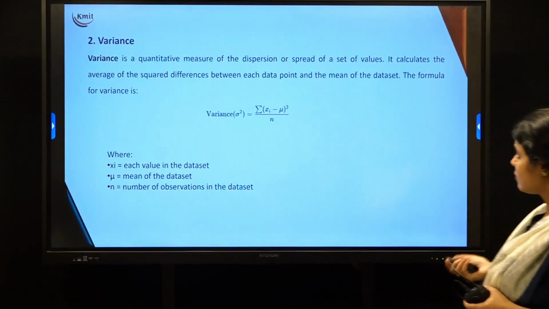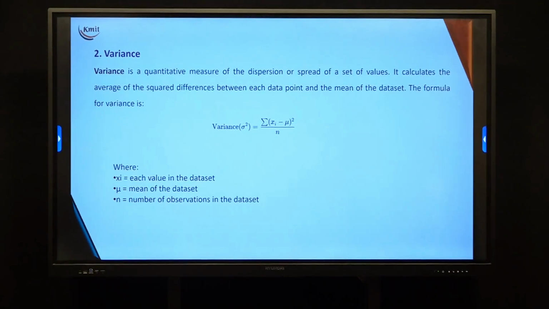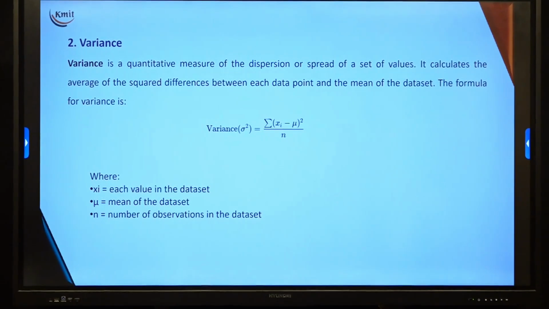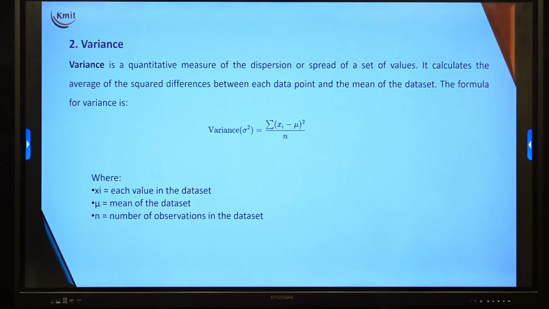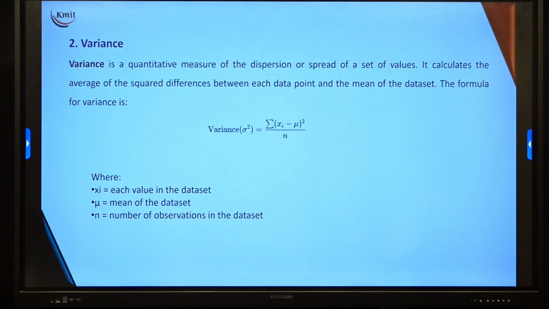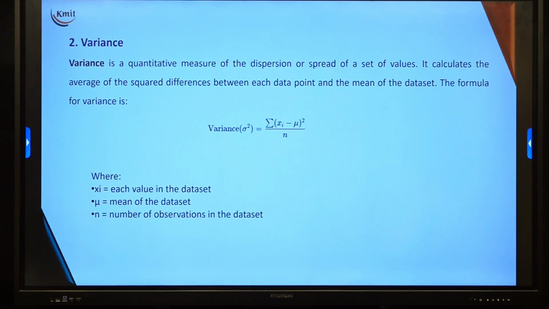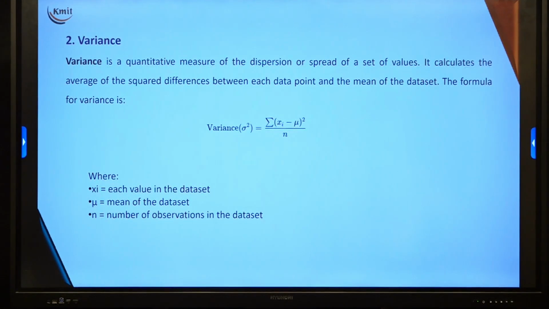Variability along with central tendency is most important for understanding statistics. There are a few things we have to understand when we talk about central tendency and variability. First thing is variance. Variance is the squared difference between each data point and the mean of the data set.